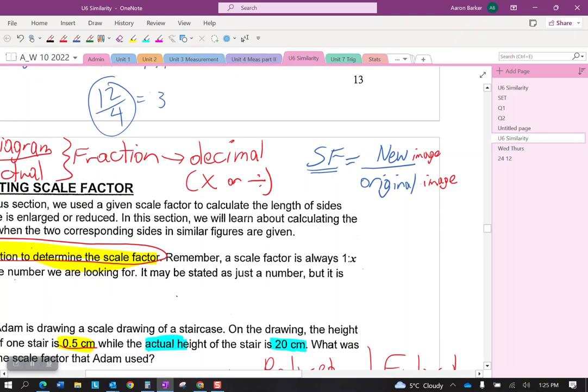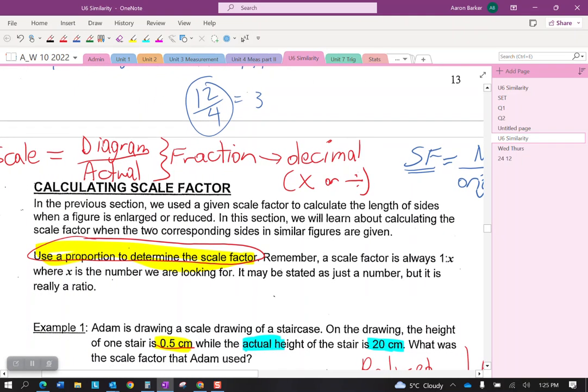Going forward, we want to use a proportion to determine the scale factor, and we want to work with that proportion. So again, we will know the scale factor, and we set it equal to another ratio. Let's look at example number 1. The words matter. On the drawing, the yellow is 0.5 centimeters, but the actual height in blue is 20 centimeters.